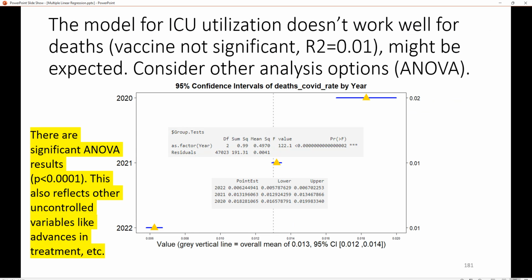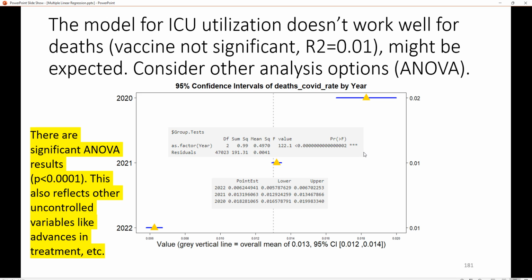And now we're going to again look at the model for ICU utilization doesn't work well for deaths. So if we use deaths as our outcome, this model only has an R-square of 0.01, and the vaccine not having as strong of an impact in the area of deaths, that doesn't mean that it doesn't help.